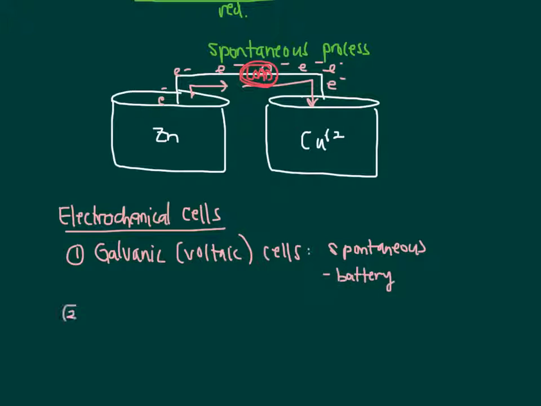And then the second type of electrochemical cell is called an electrolytic cell. And electrolytic cells are non-spontaneous. What I mean by that is when you hook them up, so if we were to make the two chambers and hook them with a wire, you would get flow in one direction, but an electrolytic cell is where you force the electrons to go in the opposite direction.